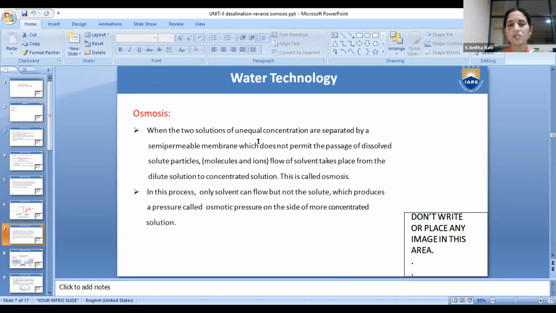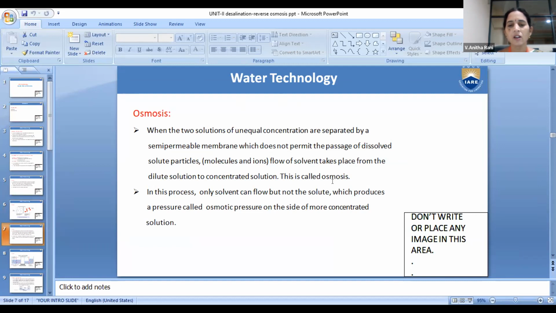When two solutions of unequal concentration are separated by a semi-permeable membrane, which does not permit the passage of dissolved solute particles, the solvent flows from the dilute solution to the concentrated solution. This process is known as osmosis.